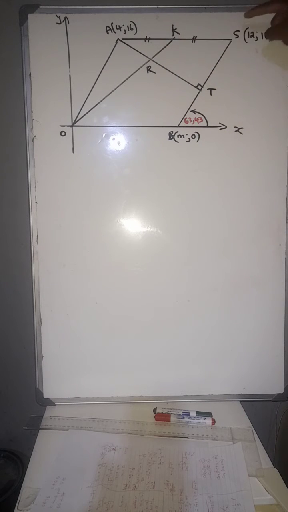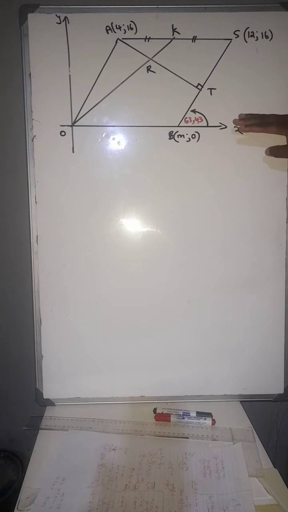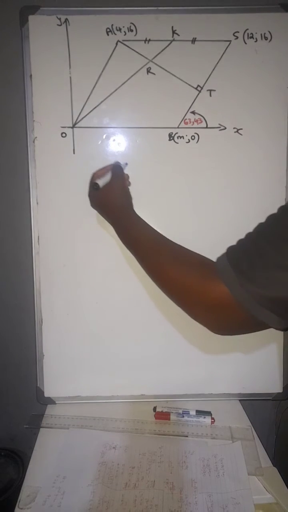Please notice that both coordinates have a y value of 16, so that tells us that this line is parallel to the x-axis. If it is parallel to the x-axis, then it's a matter of finding the difference between the x values of the two coordinates.